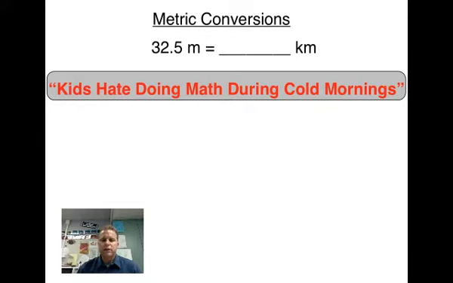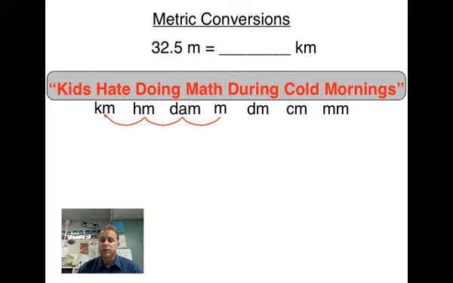And basically, the first letter of each of those words is the first letter of our units. So we have kilometers, H for hectometers, D for decameters, M for meters, D for decimeters, C for centimeters, and M for millimeters.